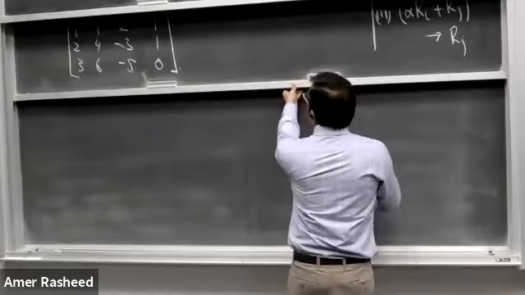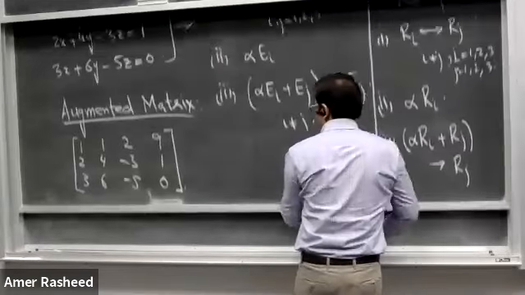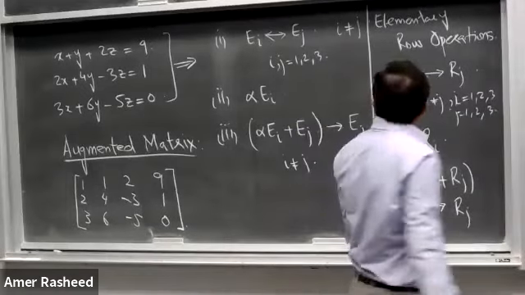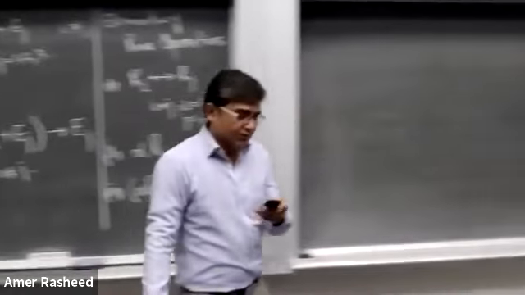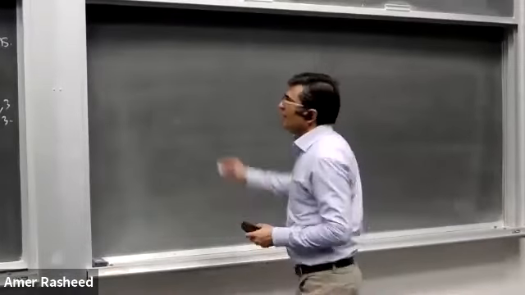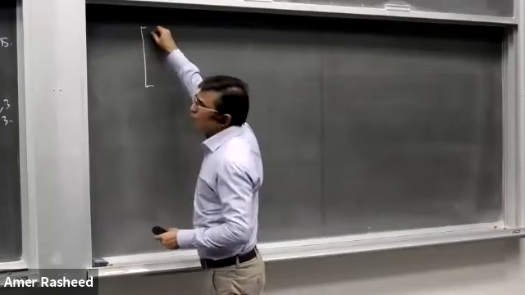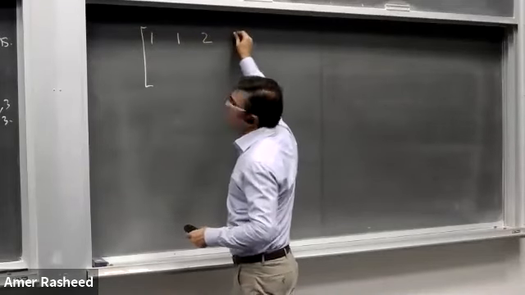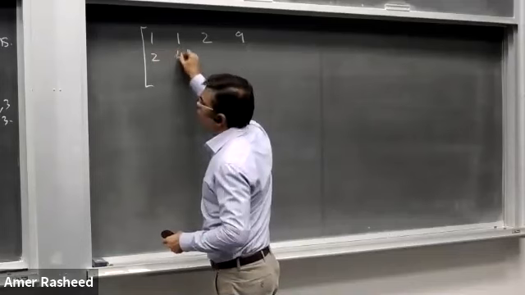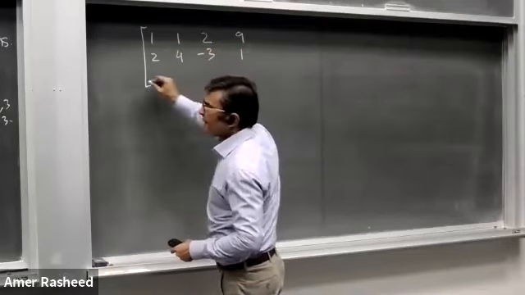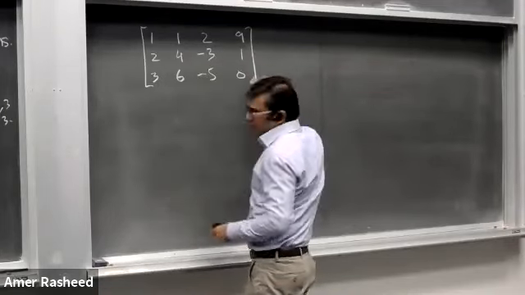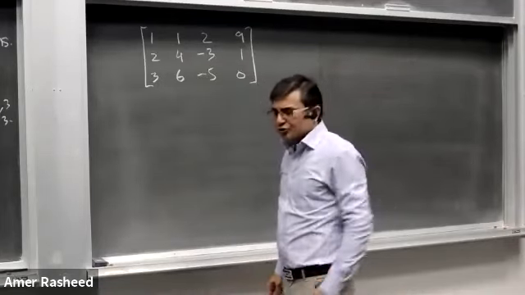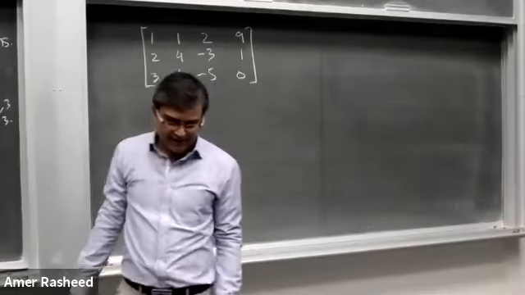So now let me write that augmented matrix again on the other board, the second board, so that I can see the matrix. The matrix is 1, 1, 2, 9; 2, 4, -3, 1; 3, 6, -5, 0. This one. Now, how do you solve it systematically?